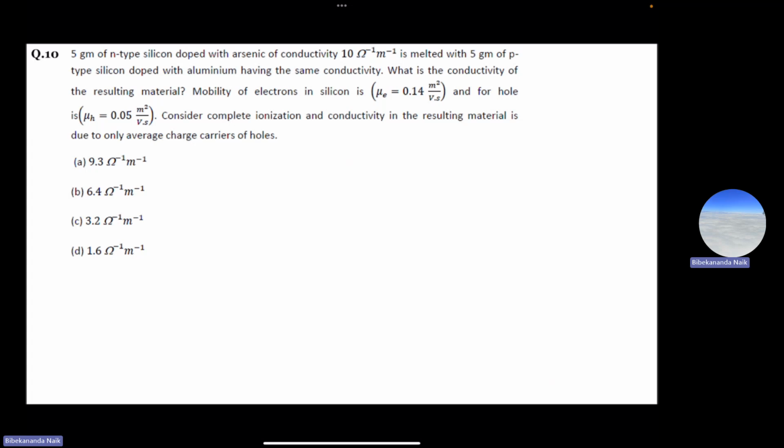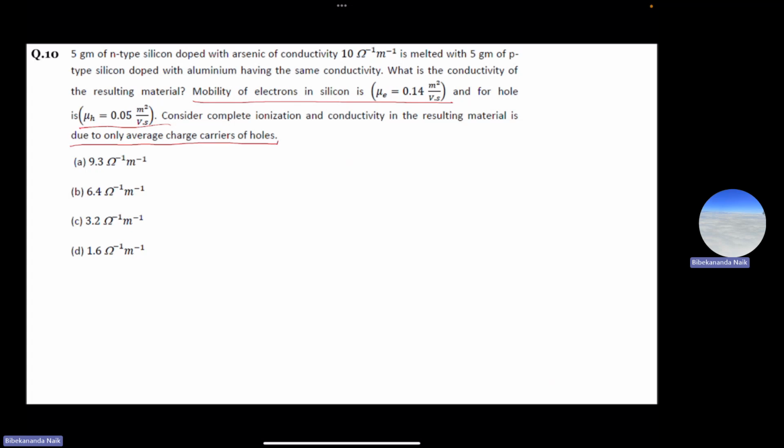So what will be the conductivity of the resulting material? We have to take the mobility of electrons in silicon as 0.14 meter square per volt into second and for hole 0.05, and we have to consider complete ionization and the conductivity in the resulting material is due to only average charge carrier of holes.